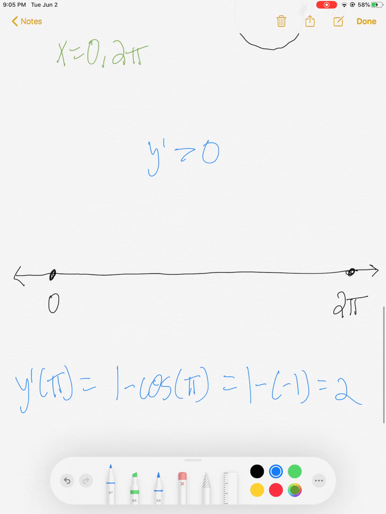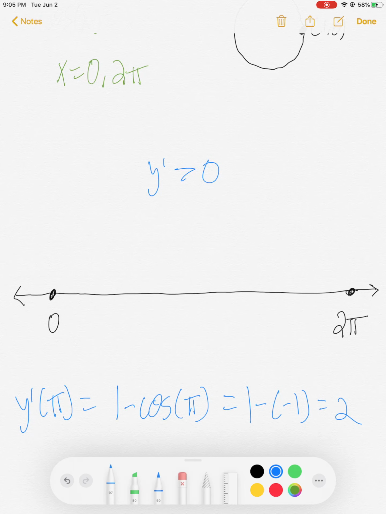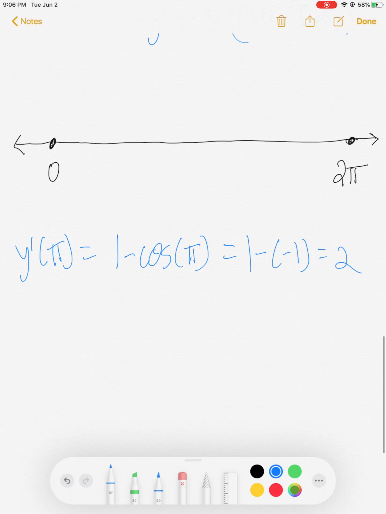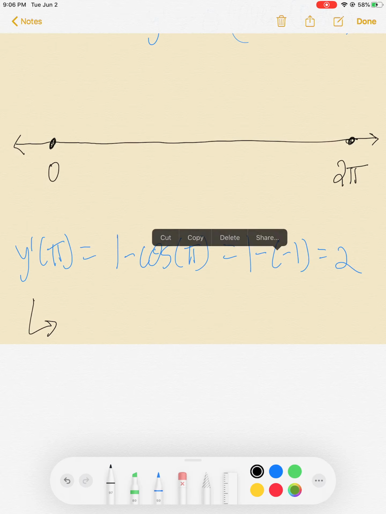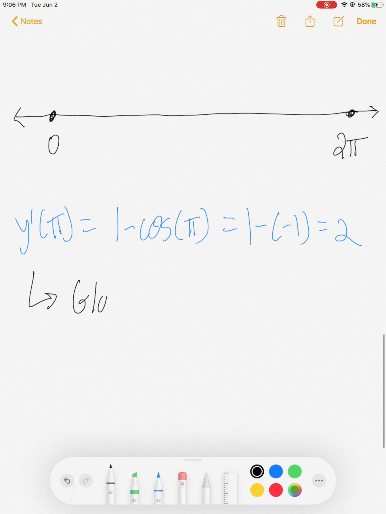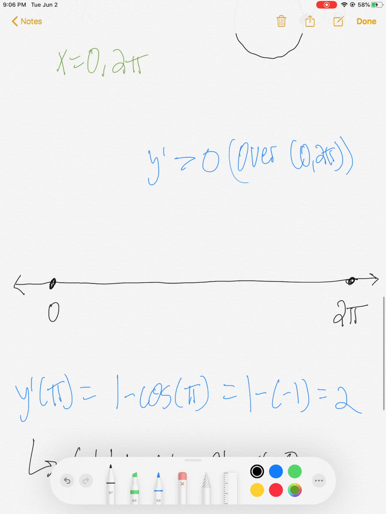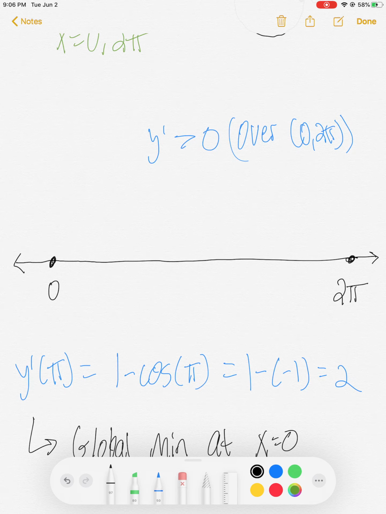Okay, so let me write it like this: y prime greater than 0. Okay, so y prime is greater than 0 over this interval 0 to 2 pi. So this tells me that we have a global min at x equals 0.